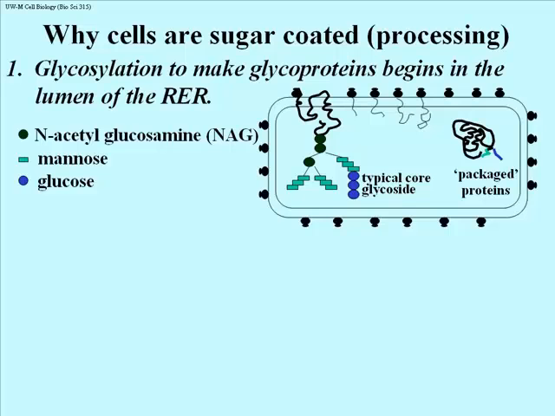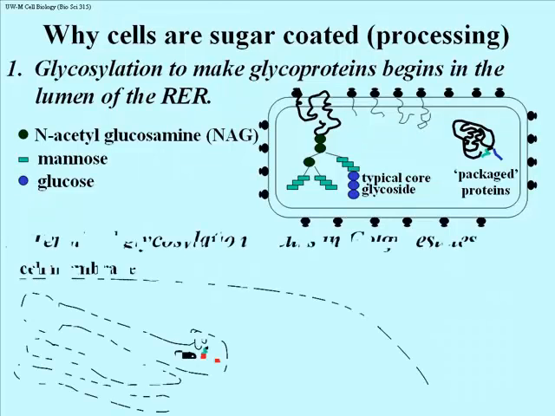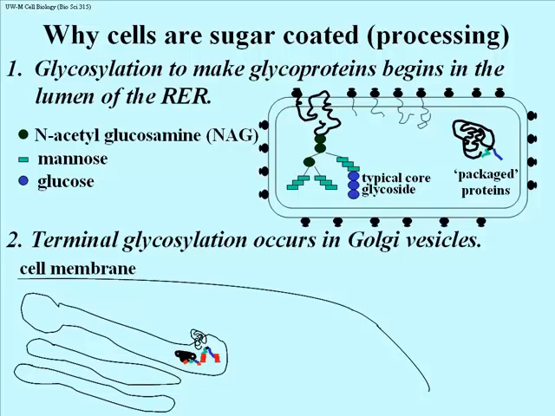And then other sugars will be added as these proteins progress through the Golgi vesicles and reach eventually their final destination. The additional sugars that are put onto the core glycoside are often referred to as terminal glycosides or terminal sugars. So terminal glycosylation occurs in Golgi vesicles, and here we have an illustration of a Golgi stack within the cytosol of the cell.